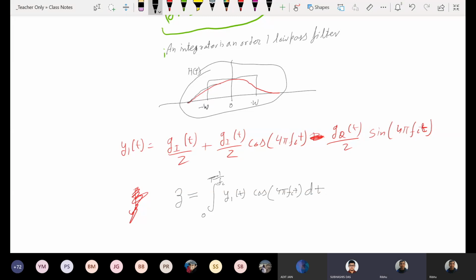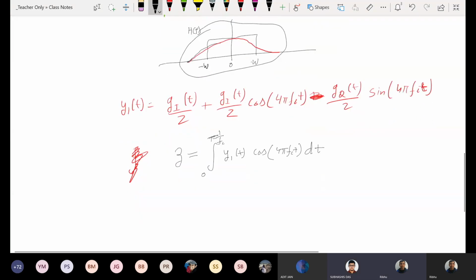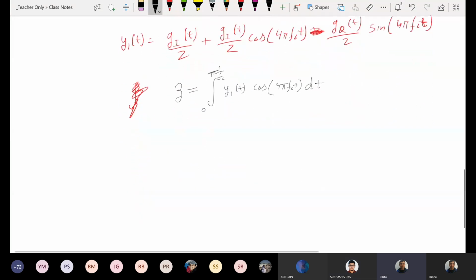Fine. Okay, excellent. So similarly, we define y2(t) as minus g(t) sine 2 pi fct.